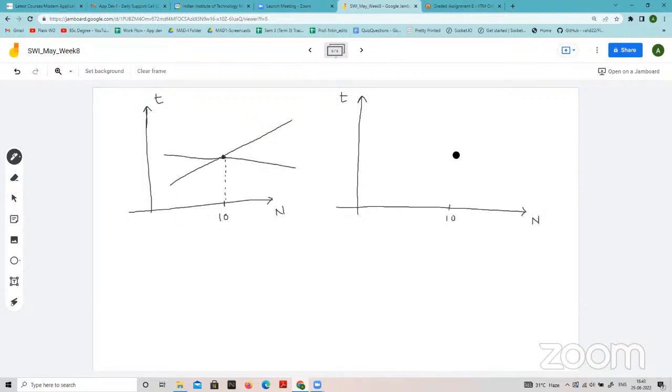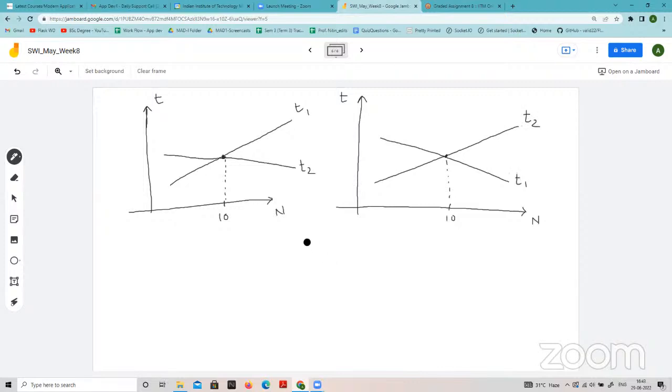I'll draw the dotted lines later. This is again one function and the other one. In this case, let's say this is T1 and this is T2. Although T2 is not linear, I'm asking you to assume T2 is linear. And in this case, this is T2 and this is T1.